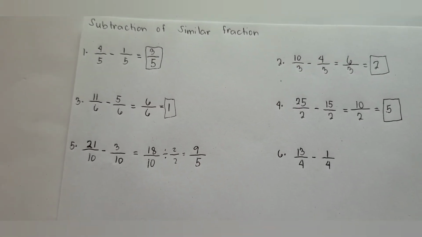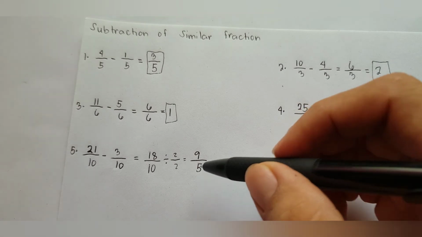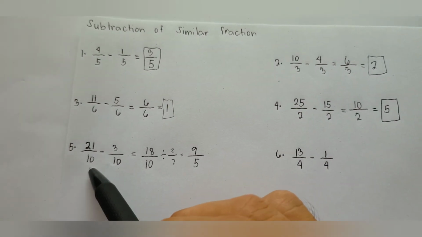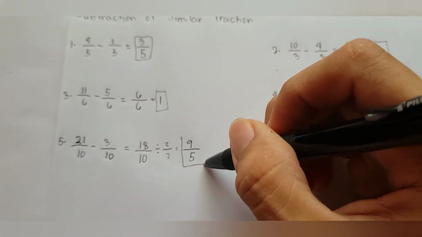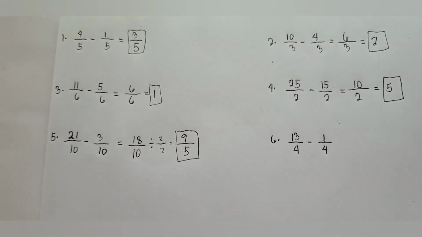So the final answer is 9 over 5. We can say that 21/10 minus 3/10 is equal to 9/5.